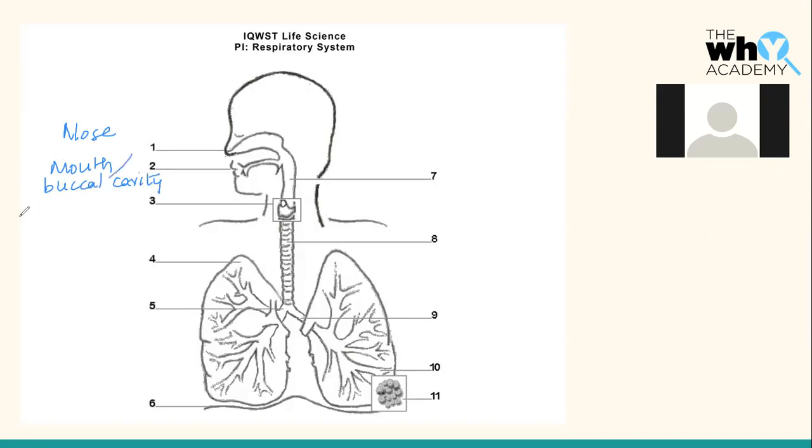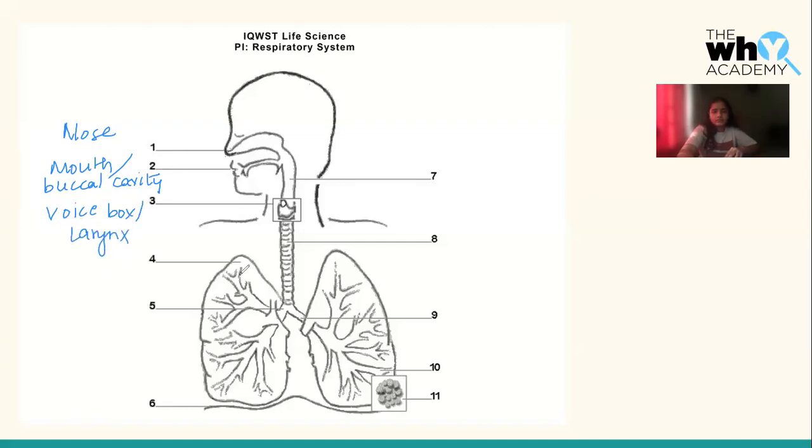Then three. The voice box. Larynx. Yes. Correct. Four. Lungs. Trachea. Lungs. Oh, trachea would be eight. Yeah, I meant that. Right.